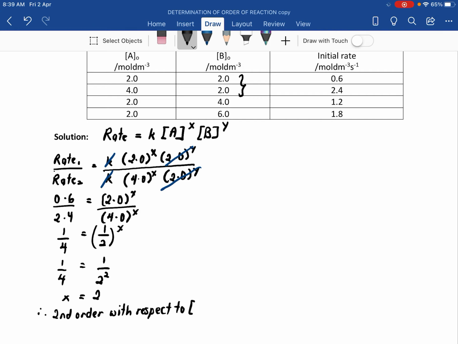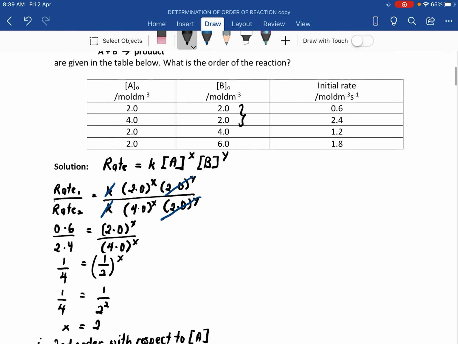In the same way, we find the order of reaction for B. For B, we have to take a constant value for A. Looking here, the constant value of A is either experiments 1 and 3 or experiments 3 and 4. I take 3 and 4.